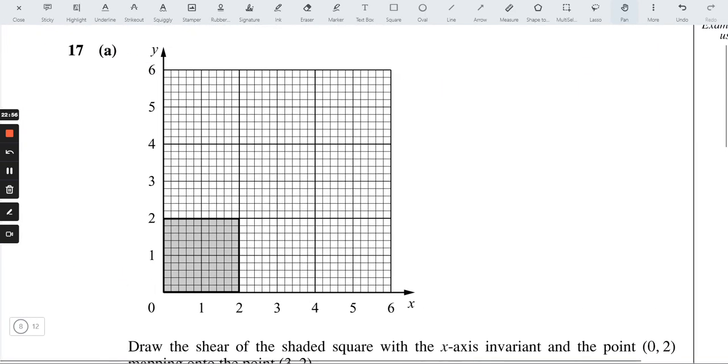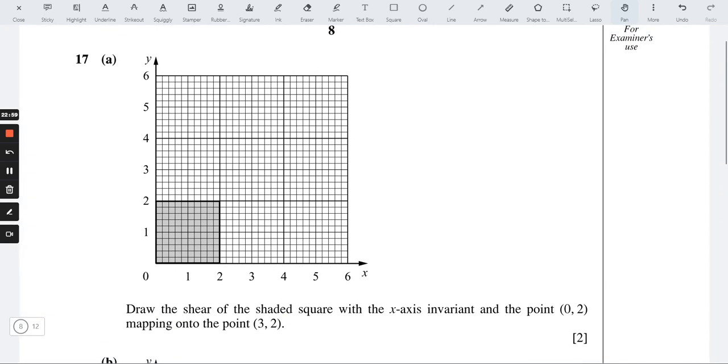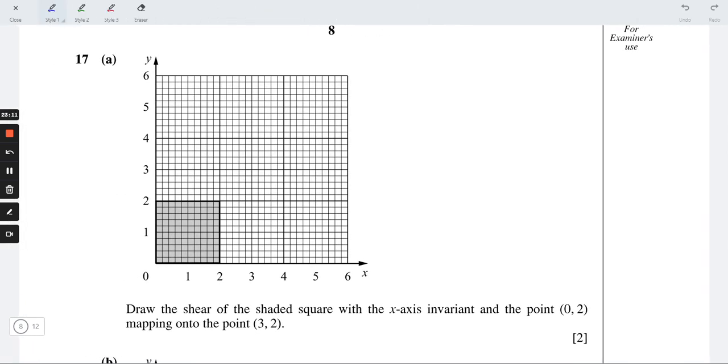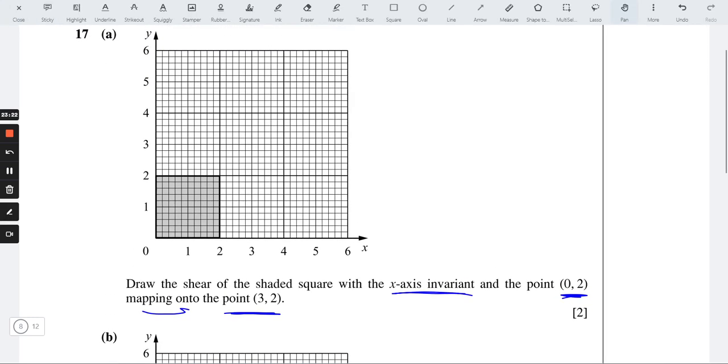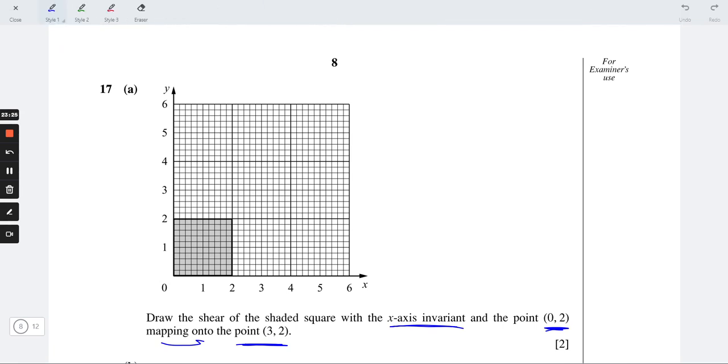Now question 17. It's about transformation. We're going to draw the shape of the shaded square with the x-axis invariant, so it should stay the same, and the point 0, 2 mapping into the point 3, 2. With the x-axis invariant, that means the points on the x-axis remain the same.